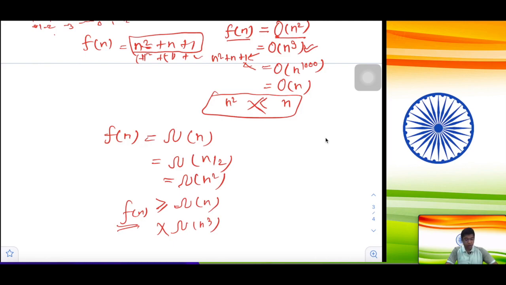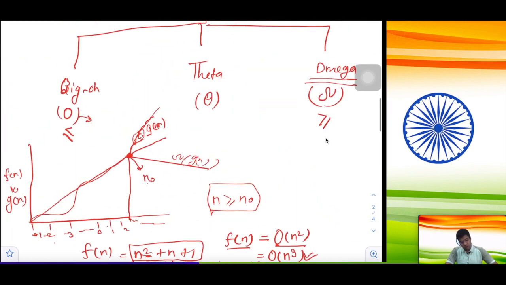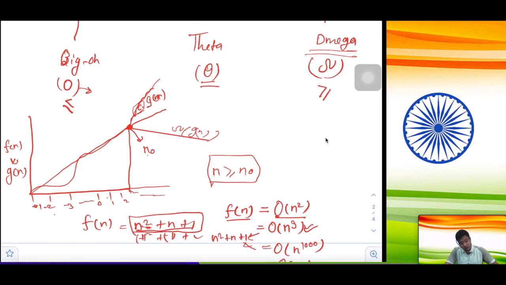Now I have to talk about theta. What does theta mean? Theta means when you put some values into the function, at some points your value comes above n naught, and at some points it comes below n naught for the same function.